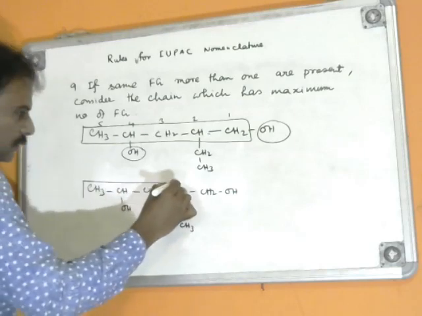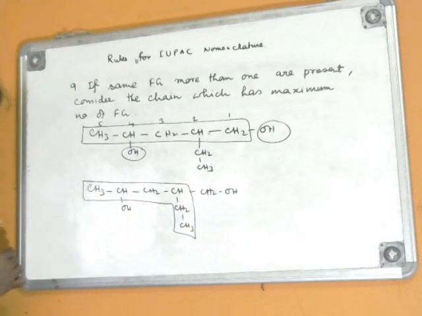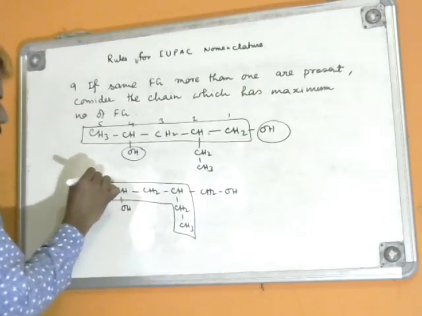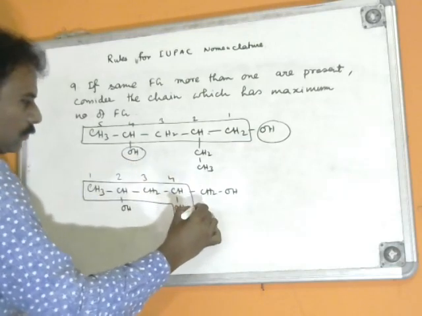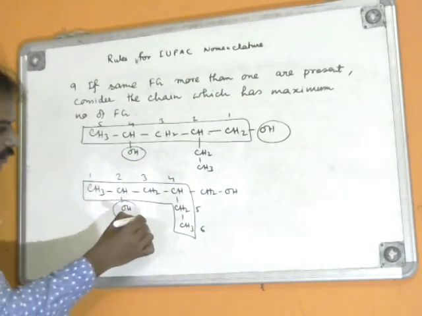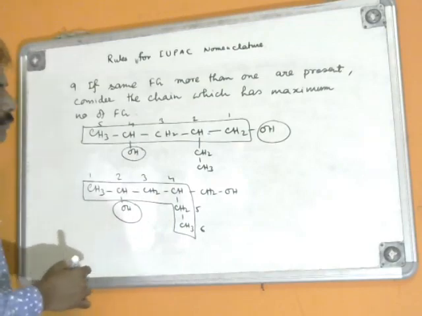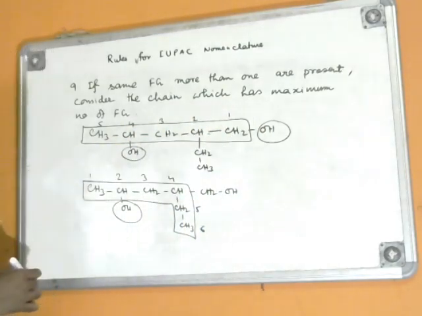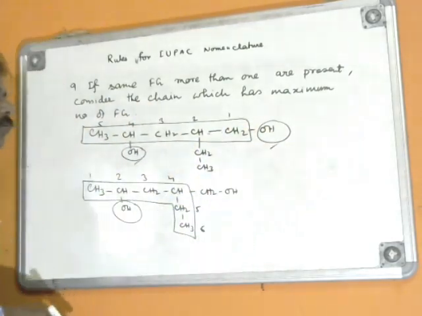Suppose I take this chain, then I have to number it starting from this carbon: 1, 2, 3, 4, 5, 6. So here only one functional group is present in the main chain, but in this pattern, two functional groups are present in the main chain.